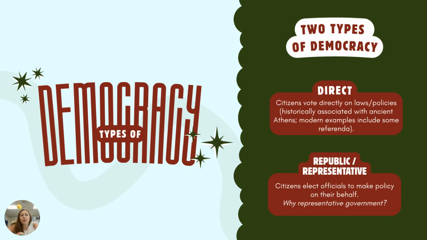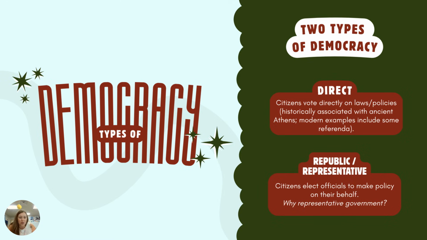When it comes to the type of democracy that our founders wanted to create, ultimately, there are two types. We do not go with a direct democracy, okay? Direct democracy, another word for it, is pure democracy. In a pure or direct democracy, citizens vote on policy, right? You and I vote on the tax bill.